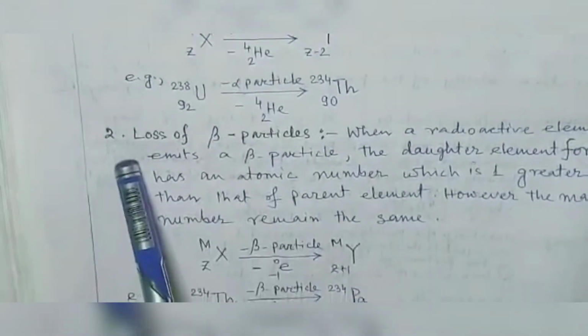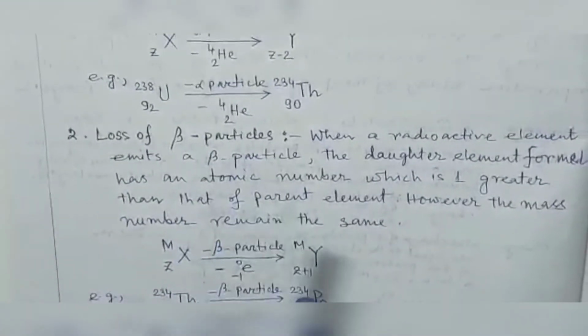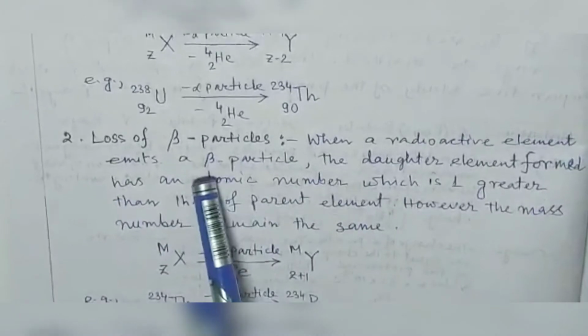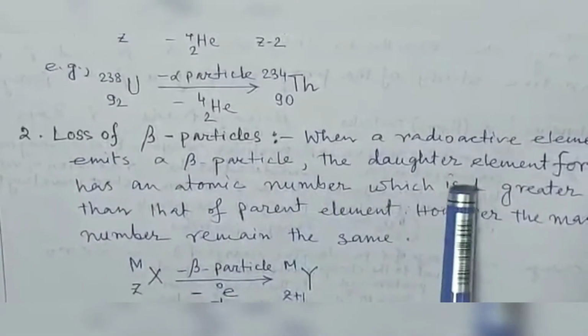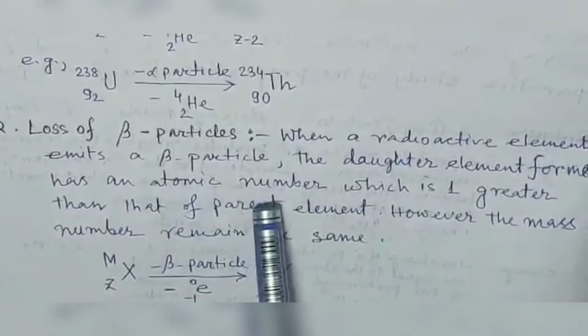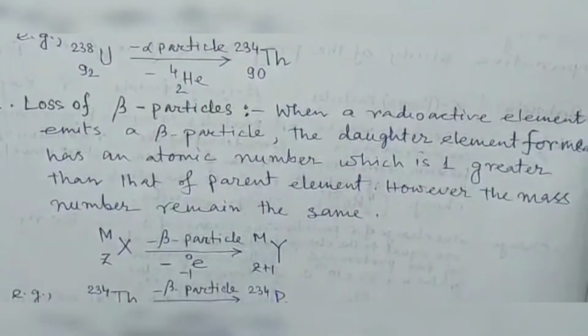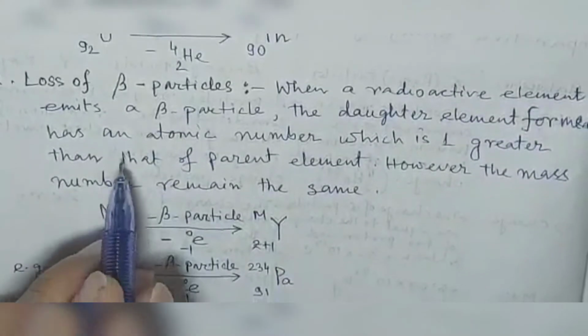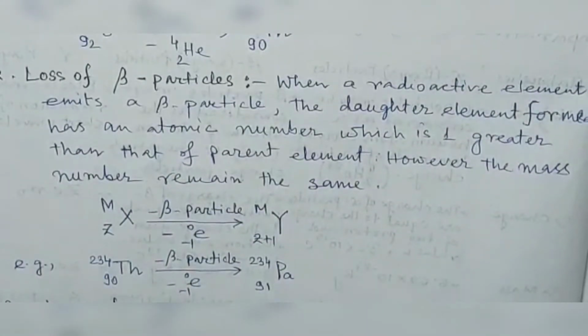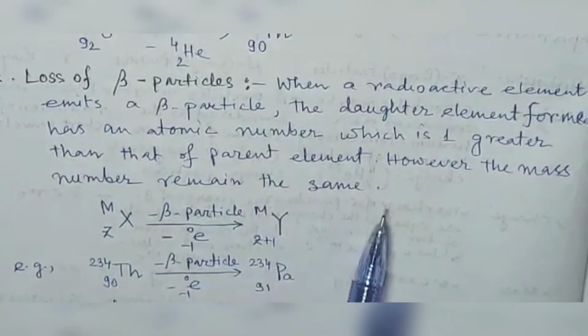Number 2, loss of beta particles. When a radioactive element emits a beta particle, the daughter element formed has an atomic number 1 greater than that of the parent element. However, the mass number remains the same.